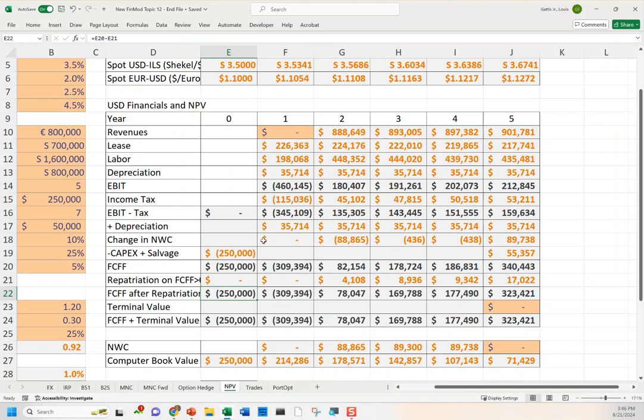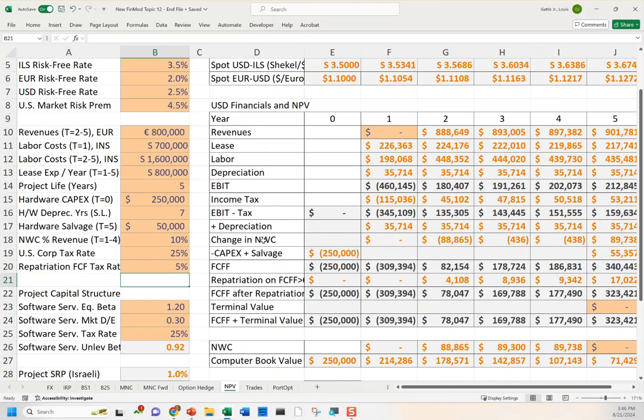But I did have one other assumption, and that is when you bring the money from Israel or Europe to the States, you're hit with a repatriation tax of 5%, but it's only taxed if there's an actual movement of cash flow. So notice here I have, if that number is greater than zero, take 5% off, or multiply times 95%.